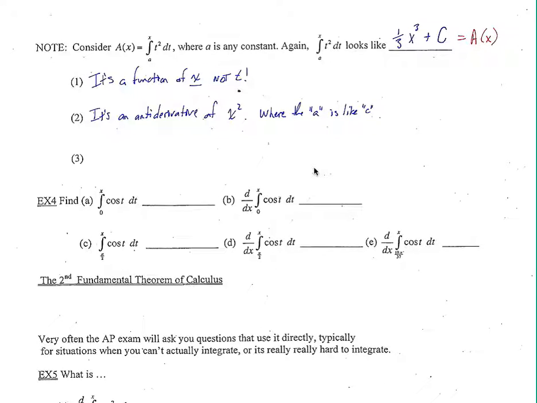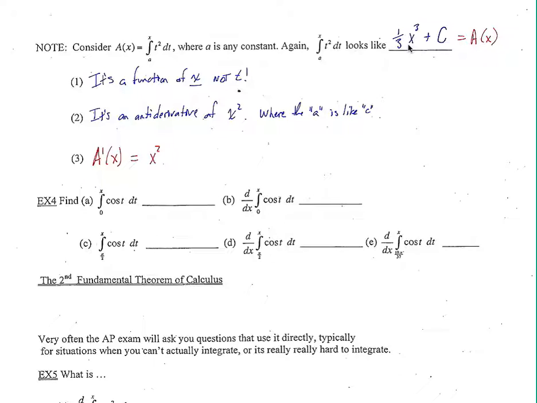Then if we take the derivative of A of x, A prime of x, it's the derivative of this, which is x squared.